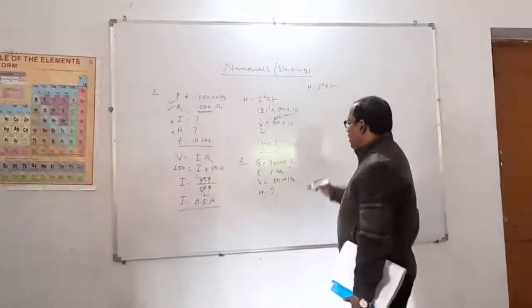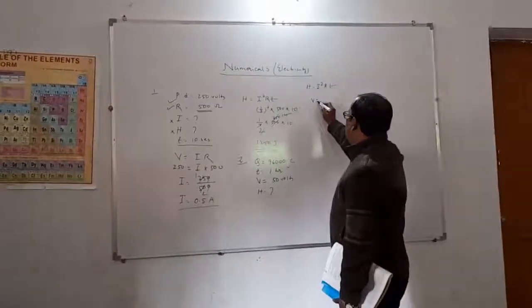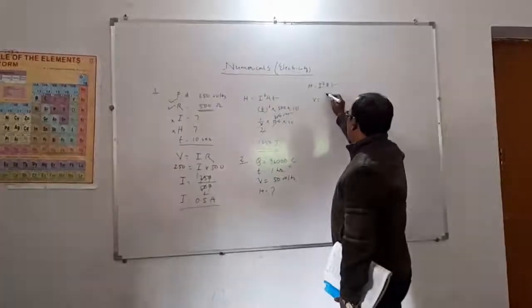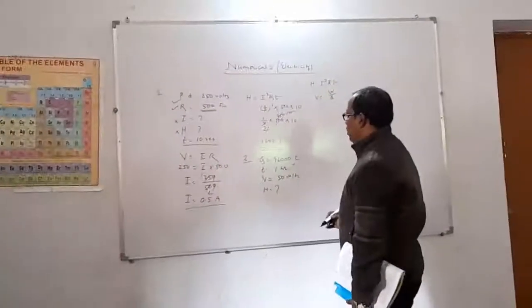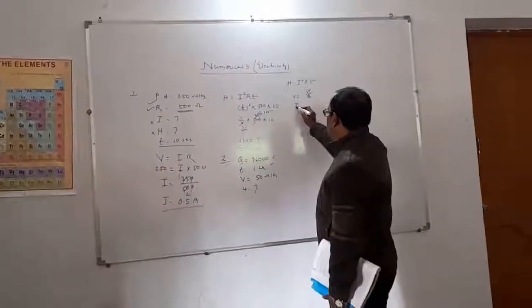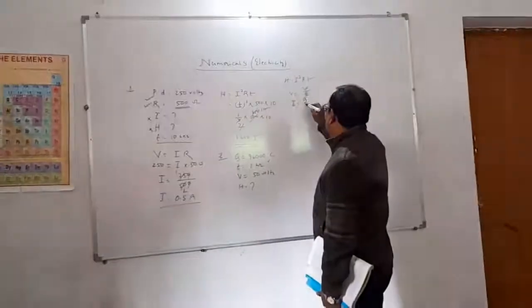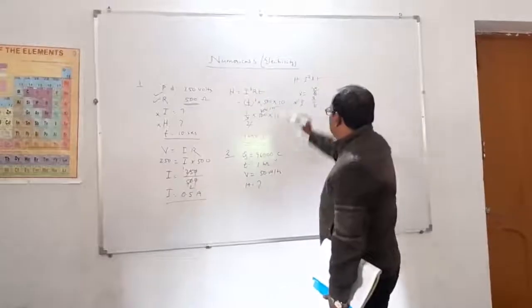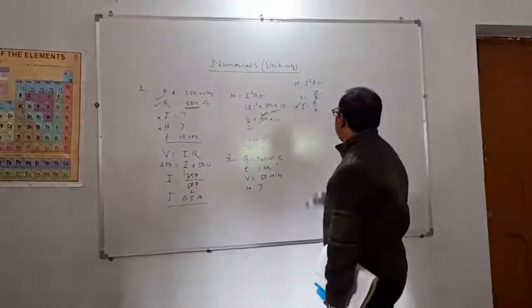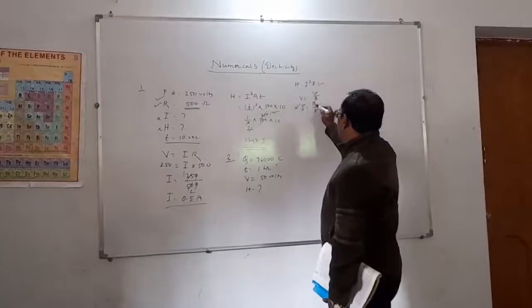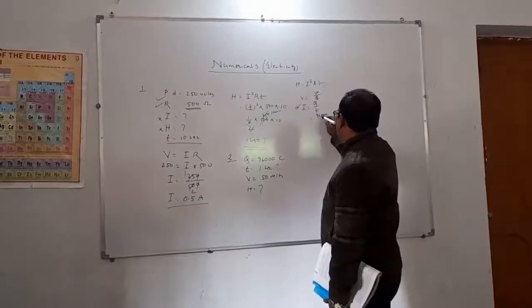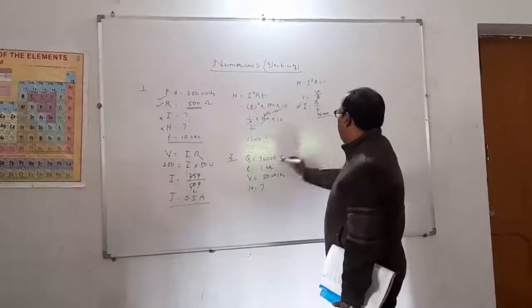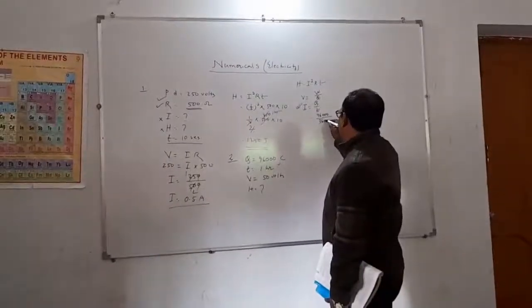See, V is equal to work done by charge transferred, and another formula, I is equal to Q by T. We use this formula for getting the current fast. So I is equal to 96000 by time, 1 hour means 3600 second.